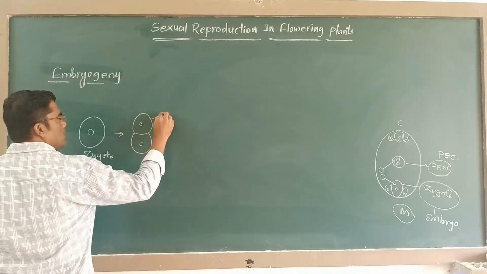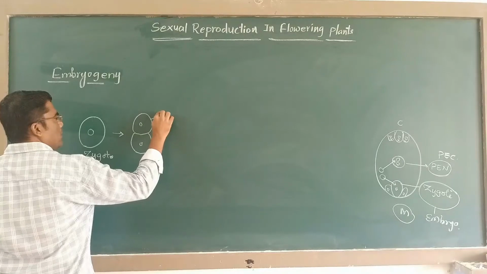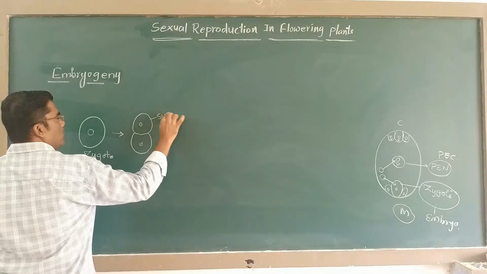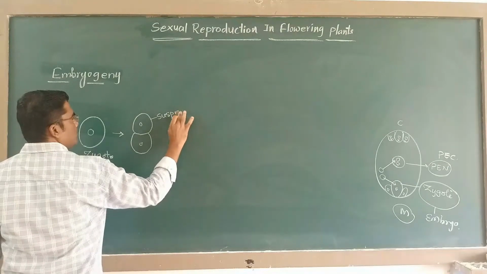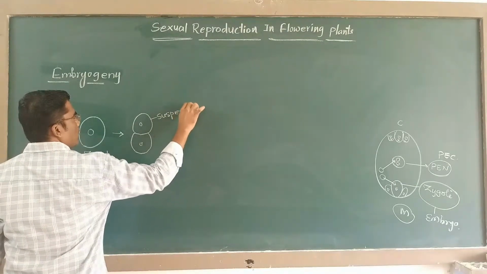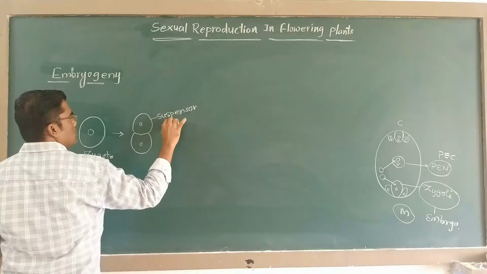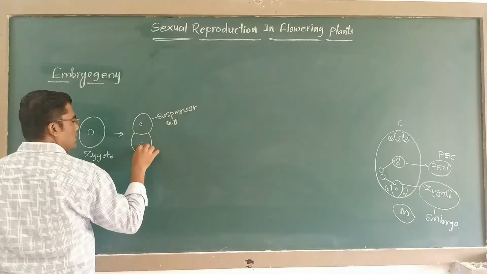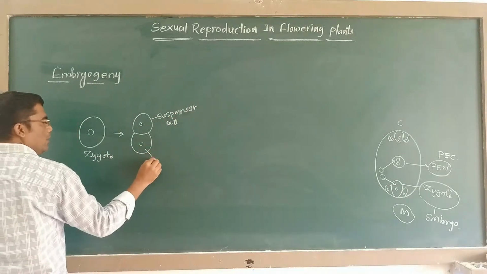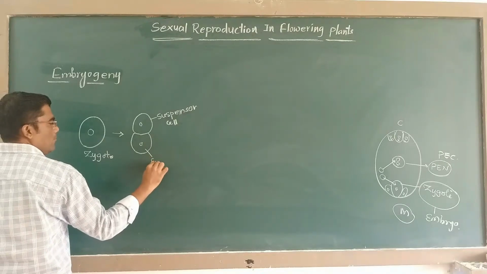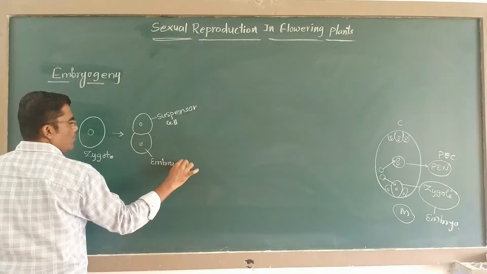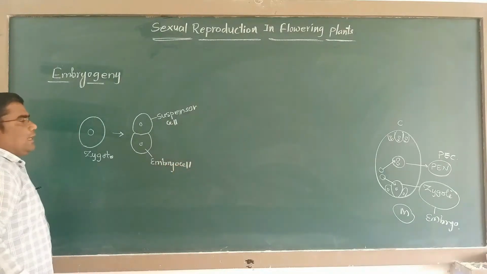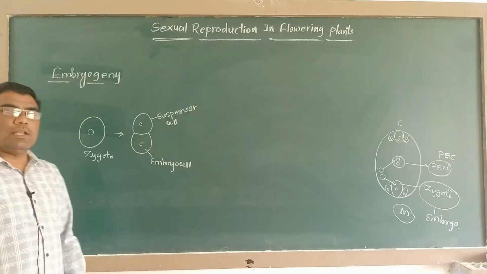This upper cell is said to be the suspensor cell, whereas this lower cell is said to be the embryo cell, or it is also called the embryonal cell.